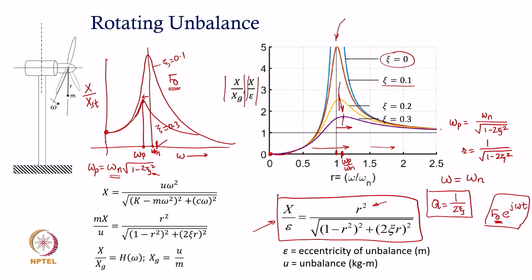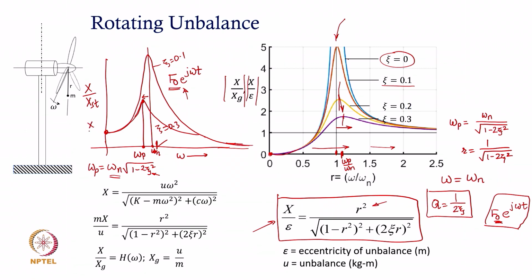And there is one more interesting difference here. For the constant amplitude excitation, as the frequency ratio increases, your response becomes smaller.